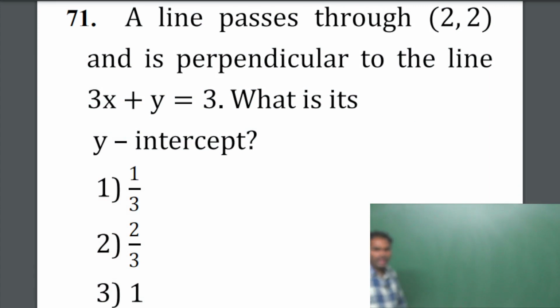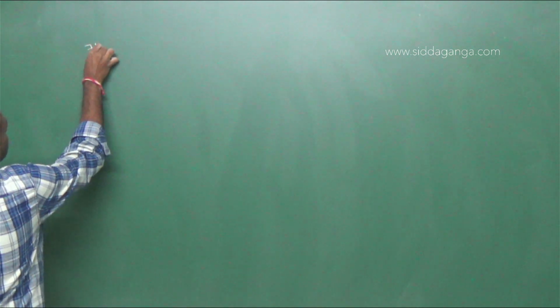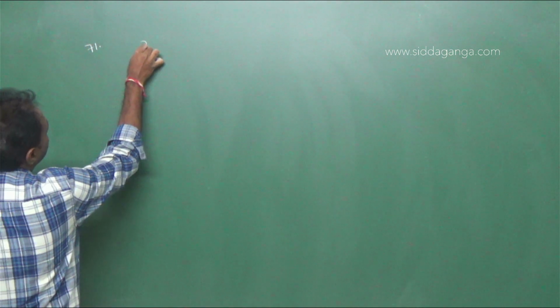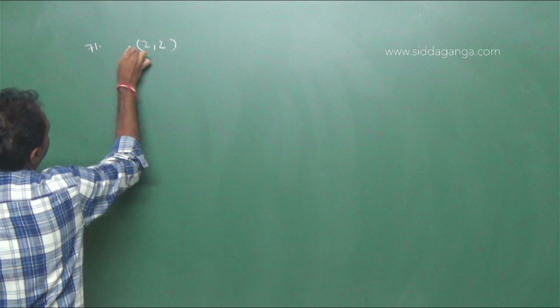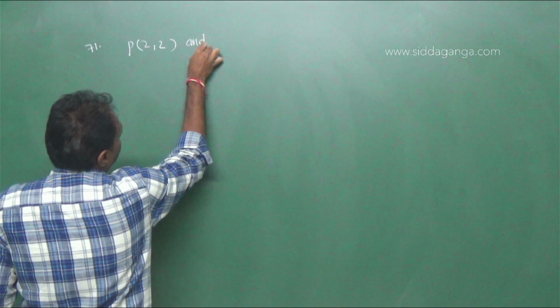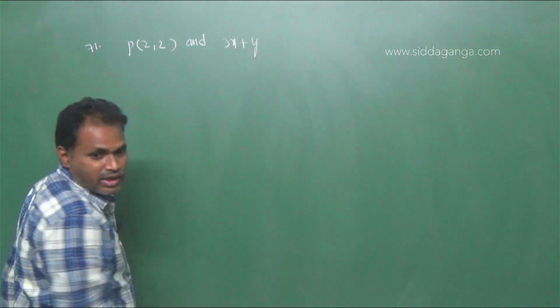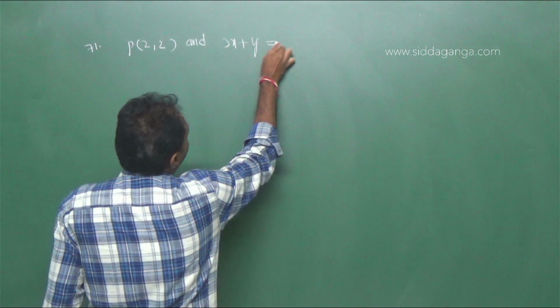Next, a line passes through 2 comma 2 and is perpendicular to the line 3x plus y equal to 3. What is its y-intercept? Here the given point is P(2, 2), and the line is 3x plus y equal to 3.